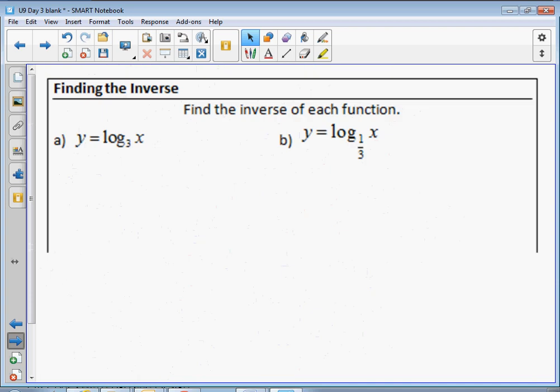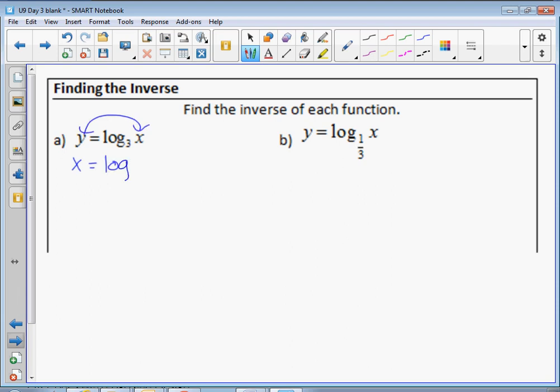Finding the inverse. Last little part. To find the inverse of each function, we're going to switch the x and the y. So change places. X and y are going to trade up. When we're solving for the inverses, our first step is to switch x and y, which we just did.